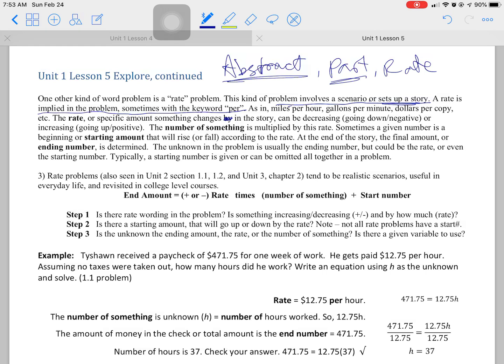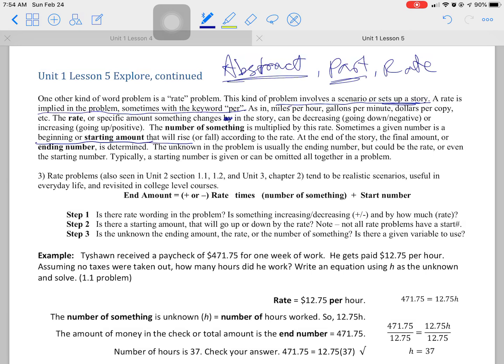Sometimes there's a given or starting number, and something will rise. Population goes up. As the miles increase, the cost goes up. As the number of copies go up, they're multiplied by this rate. Okay, they can also be decreased by a certain number. Something can go down. Population in this town is dying.